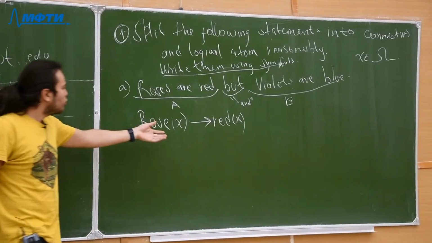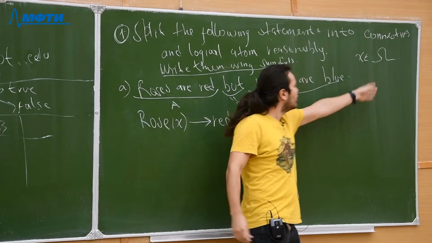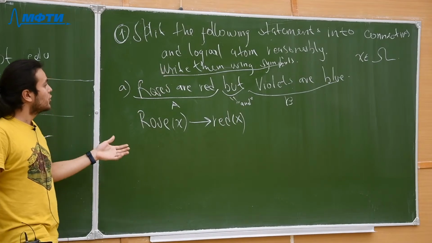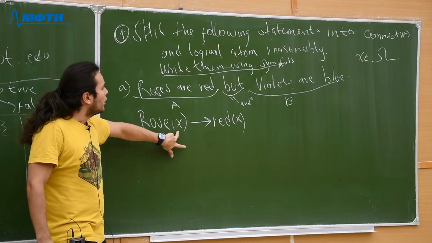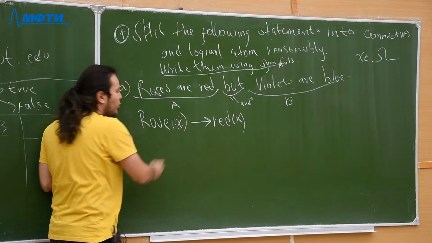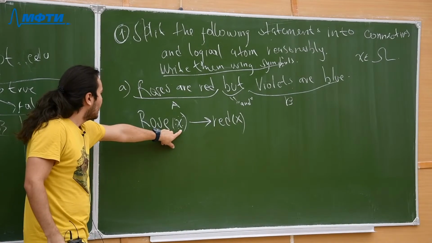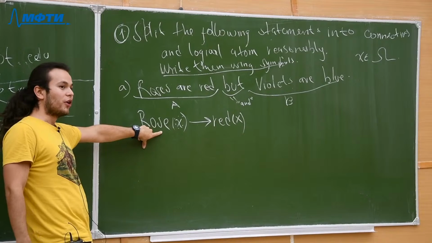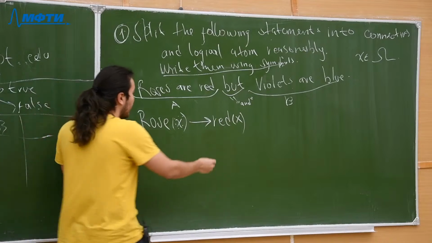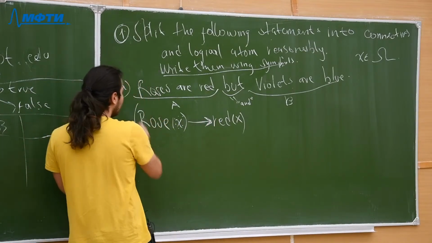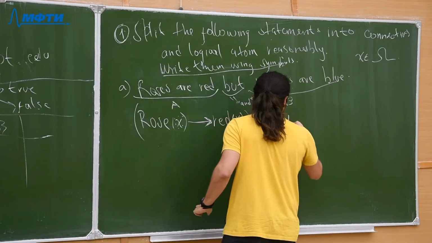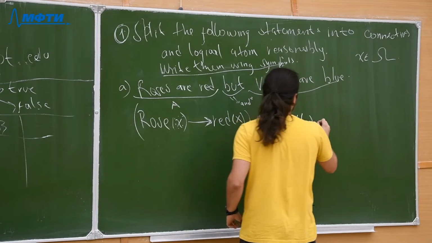Every time we are going to change the meaning of this set, it depends on the problem. Here, we can assume that omega is the set of all flowers. So we are saying that the flower X has this property, rose. This can be true or false. It can be not a rose, it can be something else. And that it is red. And violets are blue.